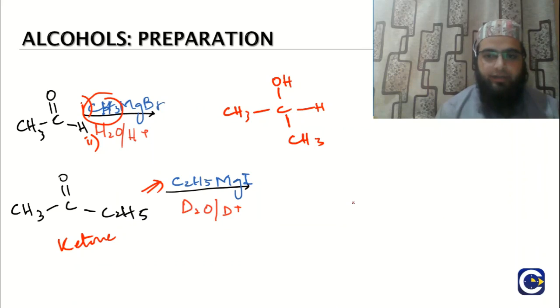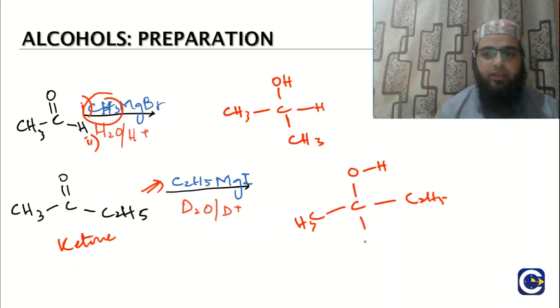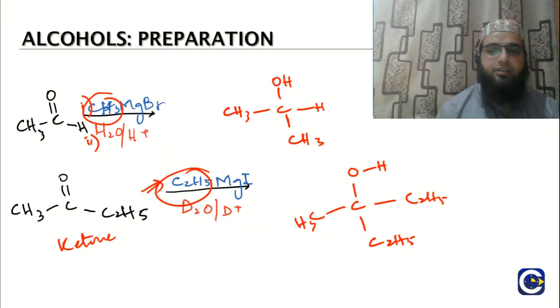So what we'll be getting is that this OH bond will be made, and the rest will be as it is, C2H5 at this position, and to this carbon will be added the alkyl part of the Grignard reagent. We can simply write it as C2H5, or CH2CH2CH3 can also be written. So this will be the product.